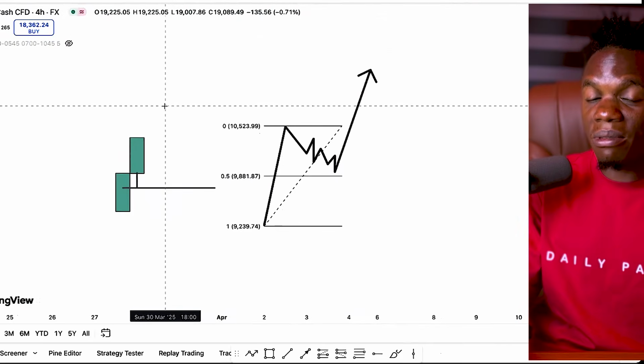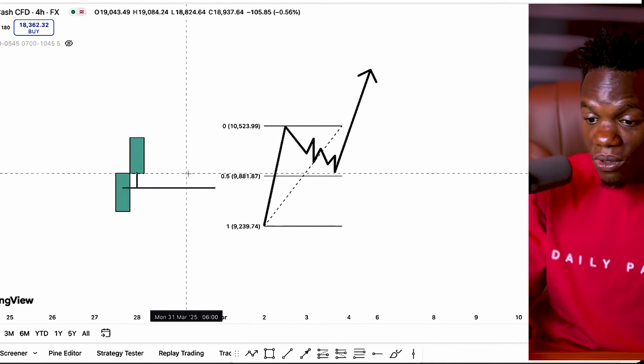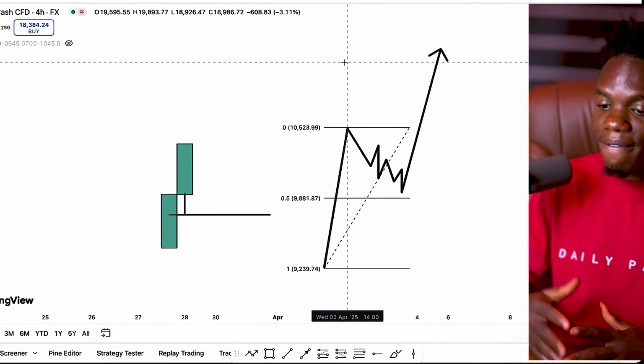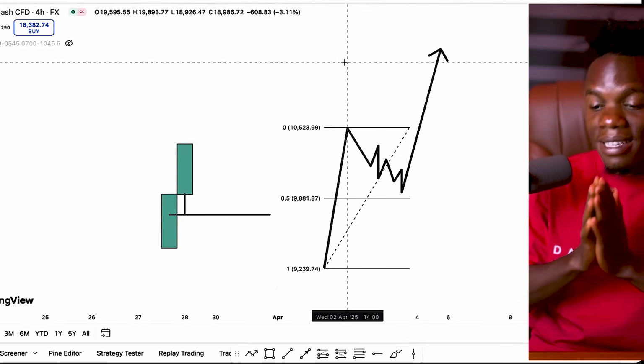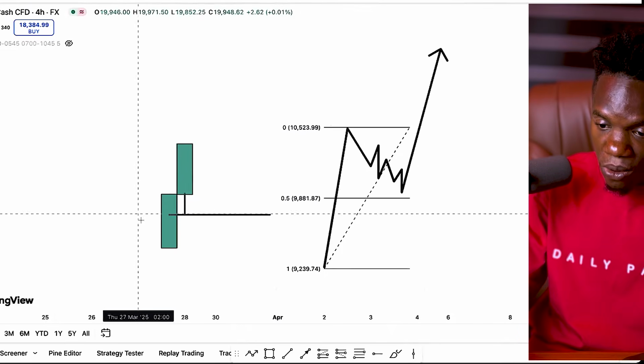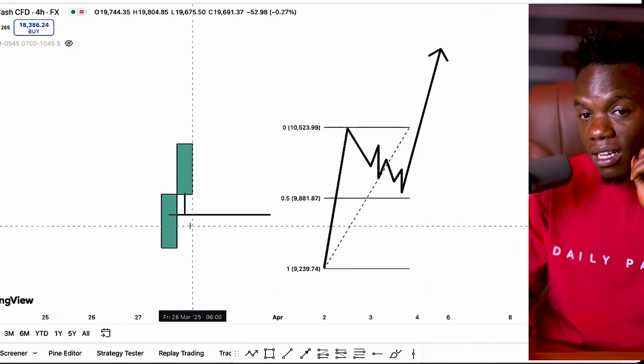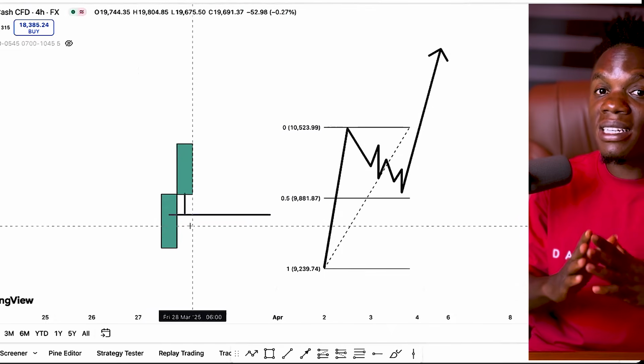So in this video, I'll be teaching you one of the best entry models in the market that you can see every day, repeatedly, as long as this market exists. It depends majorly on the daily candlestick. Once the first day has closed, on the second day you are going to see this pattern in the market.